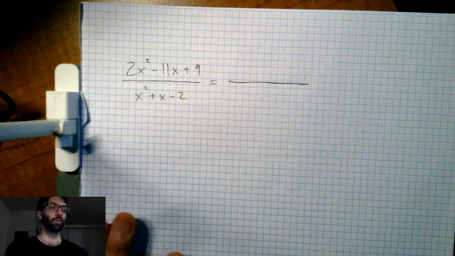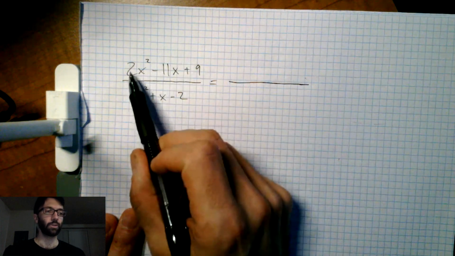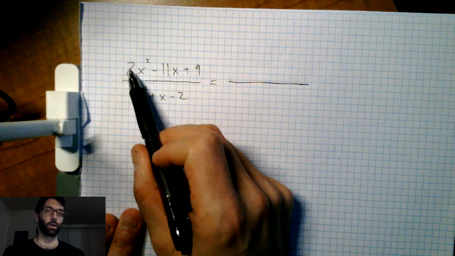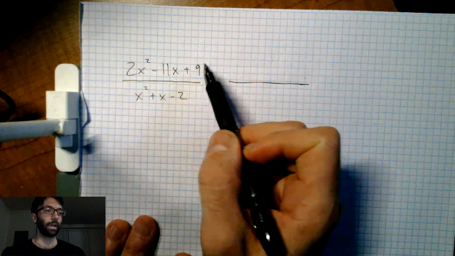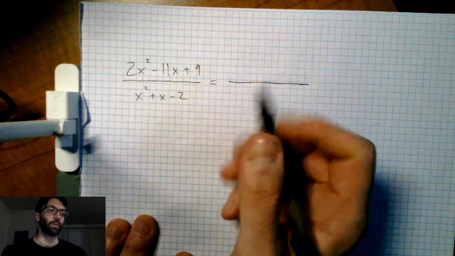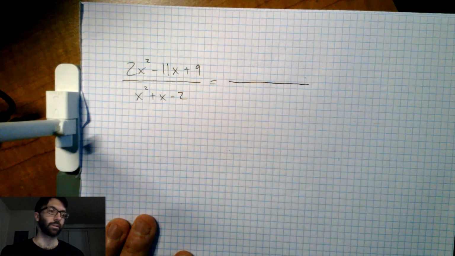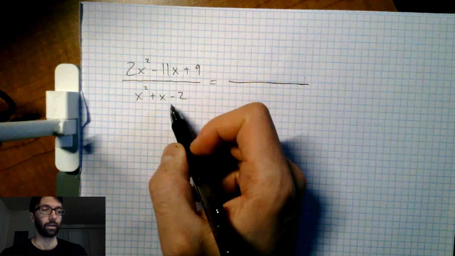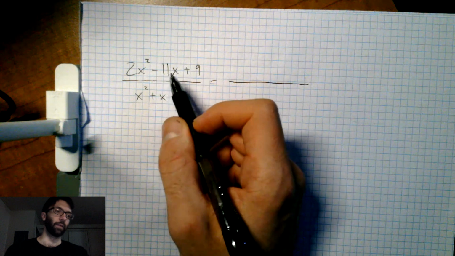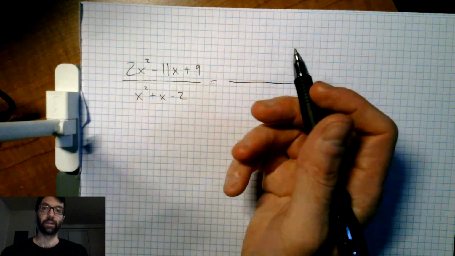But how this works is you multiply the leading coefficient by this value here to get 18, and then you look for the factor pairs of 18 that will combine to a negative 11, and that's going to be negative 9 and negative 2.